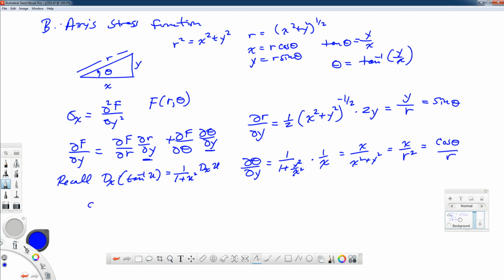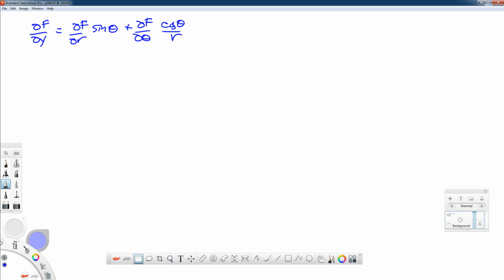So with that, the partial of f with respect to y is equal to the partial of f with respect to r times sine theta, plus the partial of f with respect to theta times cosine theta over r. Alright. Well, now what we can do is find the second derivative of f with respect to y twice.